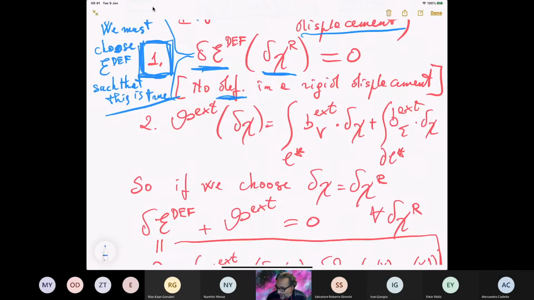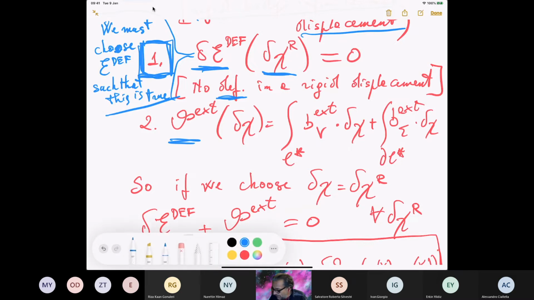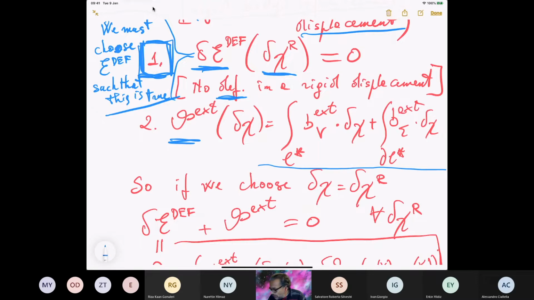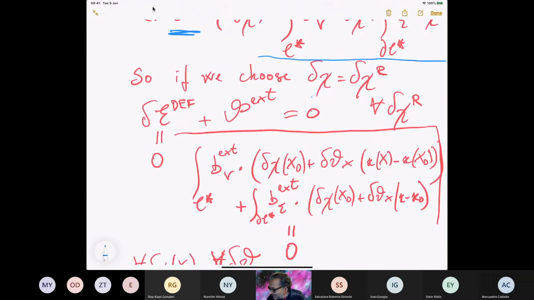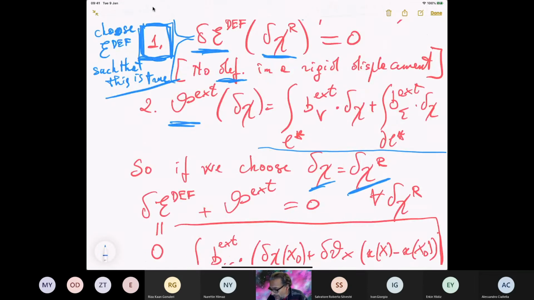Then we have seen that Px has to be equal to this: an external volume force plus an external surface force. So if you choose delta chi equal to delta chi rigid, look, I told you this 100 times. If something is true for every displacement, then it is true for a specific displacement. This is basic logic. So I'm not doing any particular case.